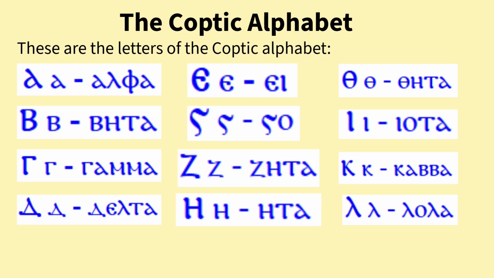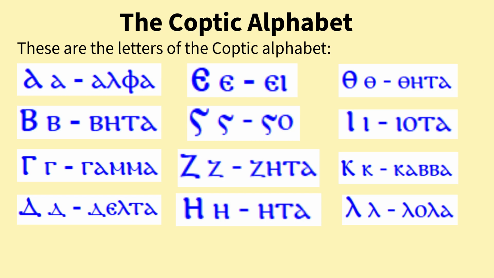We have alba, wada, gamma, dalda, so, or this can also be pronounced sau, zada, ada, tada, yoda, kabwa, lola.